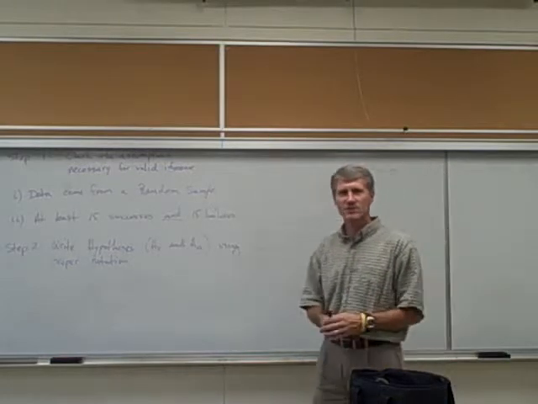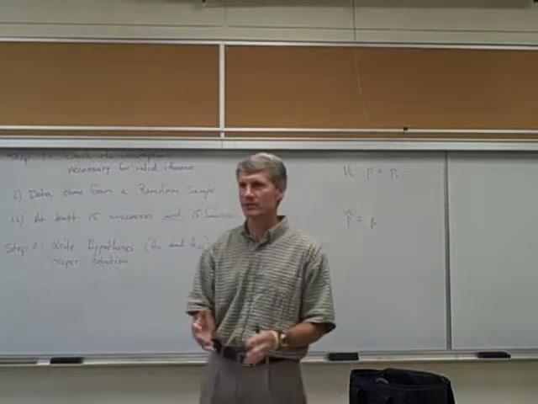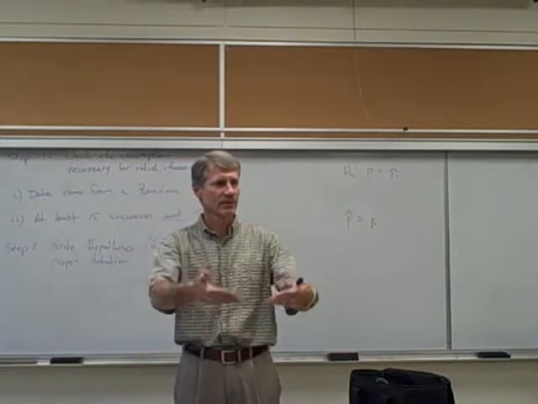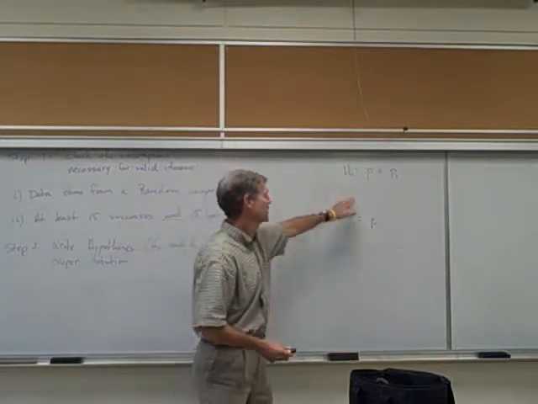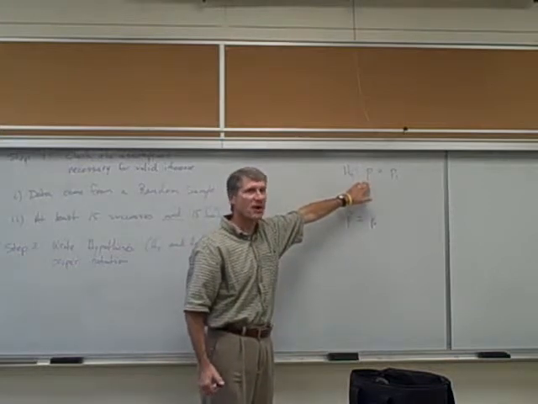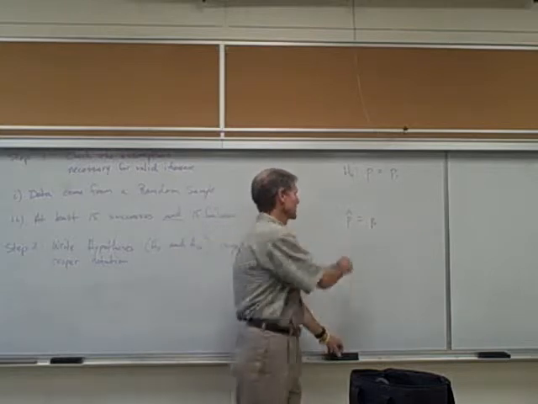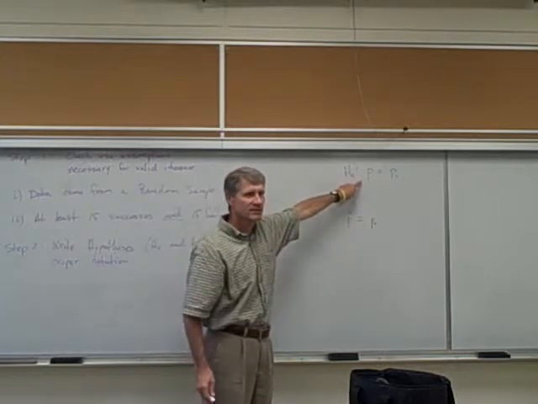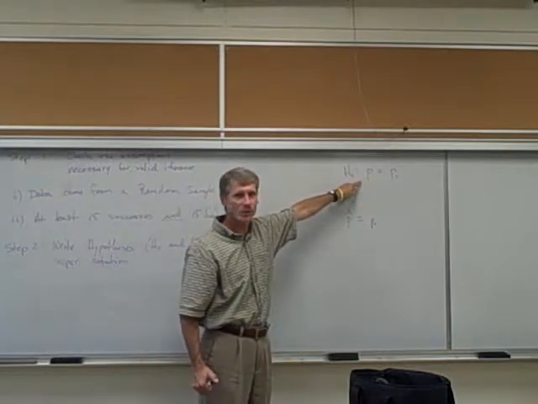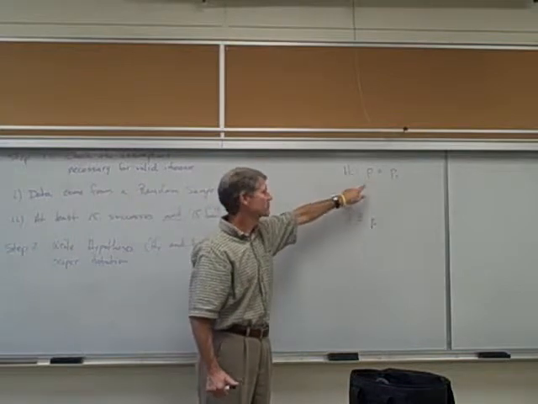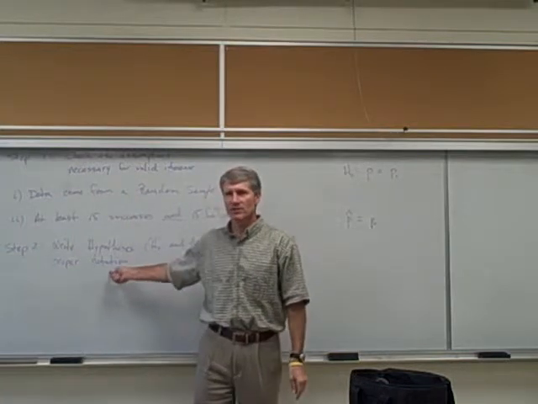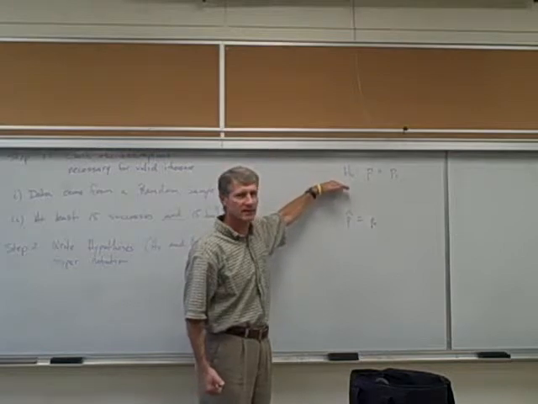I don't have to do any fancy statistical inference to know something about p hat. I just compute it and there it is. What I don't know is p, so I have to make hypotheses about what that real p is. So don't put mu, because that's what it would be if it was a means problem. Don't put x bar, it's a p. So proper notation needs to be this to get full credit.